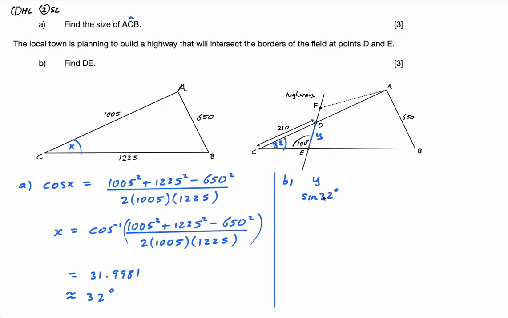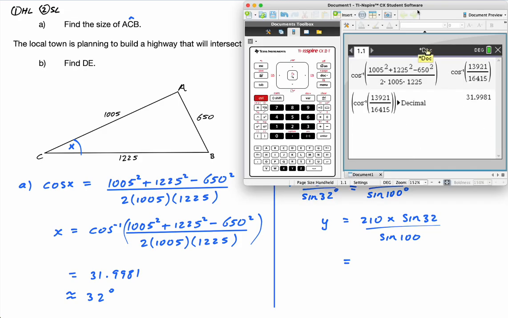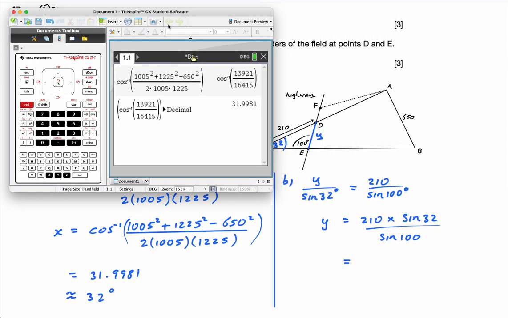So sine of 32 equals, this over sine of this, equals 210 over sine of 100. This is the sine rule. Y is then equal to 210 times sine 32 all over sine 100. Let's do this on the calculator.